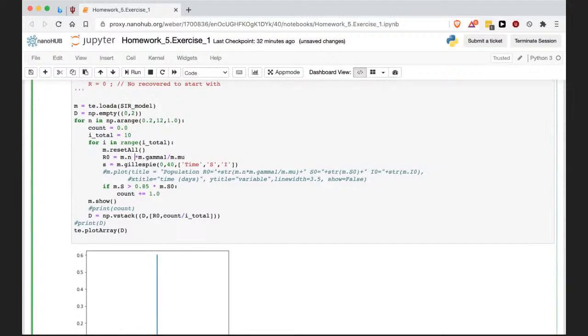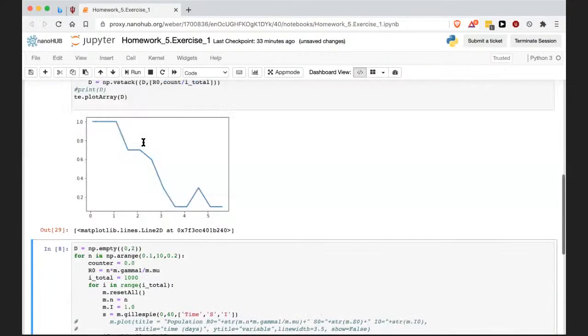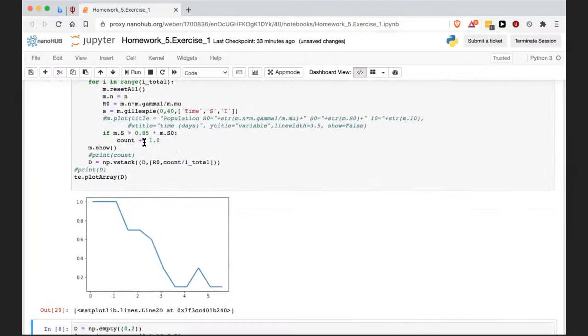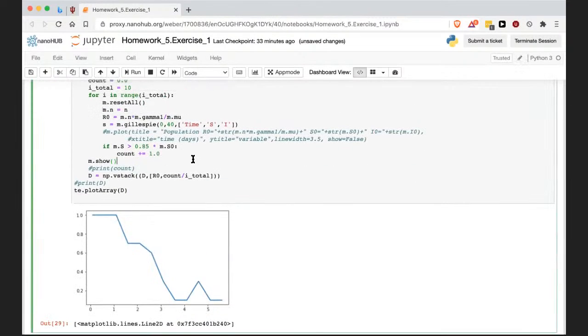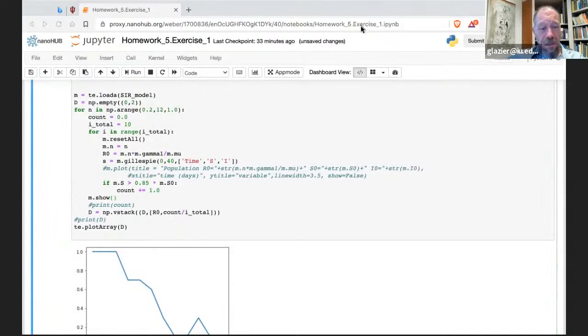This one right here. No, like below reset all, have a line that changes the value of m dot n to n. That should do it, because I was having the same issue. Okay, that's a lot better. Okay, great, good. Thank you.